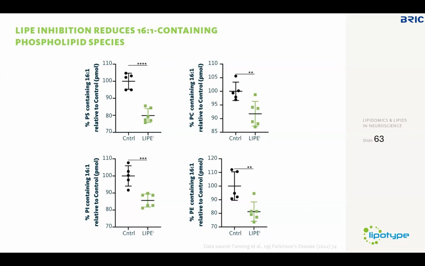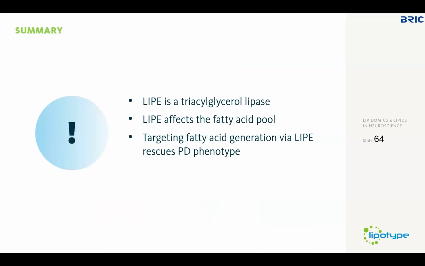Those were the things that primarily are related to the lipid part of this study. So we see that LIPE affects the fatty acid pool, and targeting fatty acid generation via LIPE rescues the Parkinson's disease phenotype.